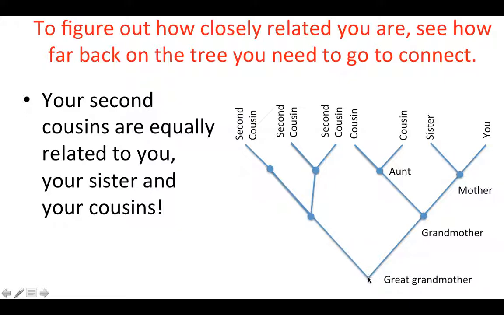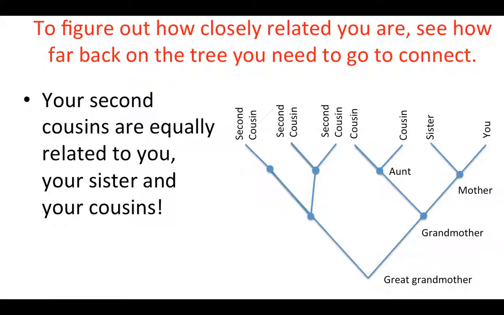But this is the same ancestor for you, your sister, and your cousins. You all come back to this point on the tree. If you're all coming back to the same point on the tree, 3 steps back, then this second cousin is equally related to you, your sister, and your cousins. It's the same number of steps to all 3 of you.